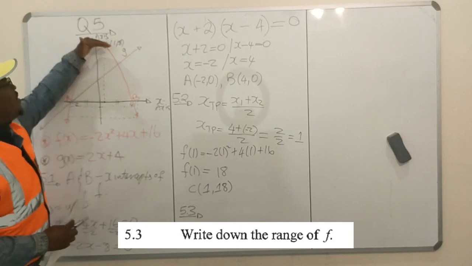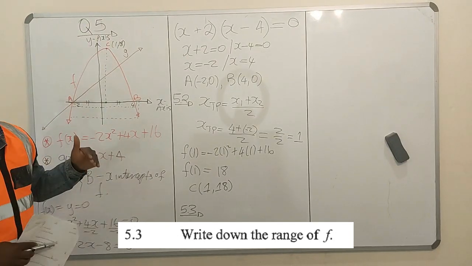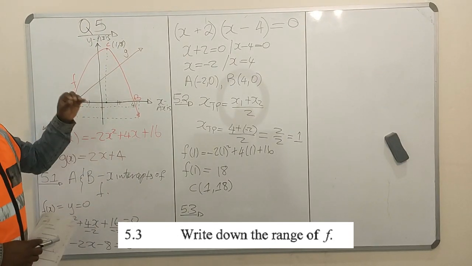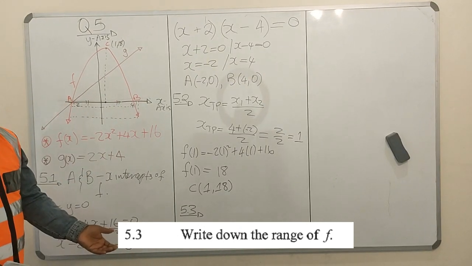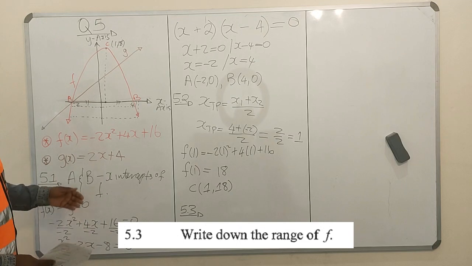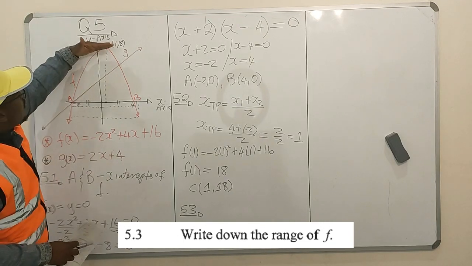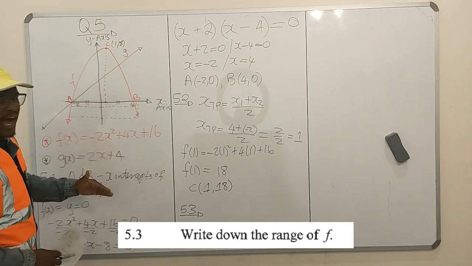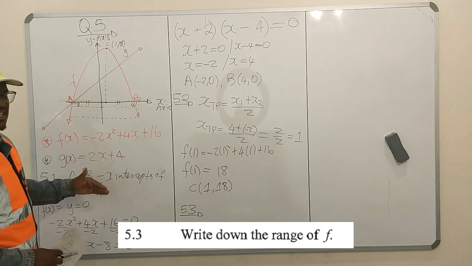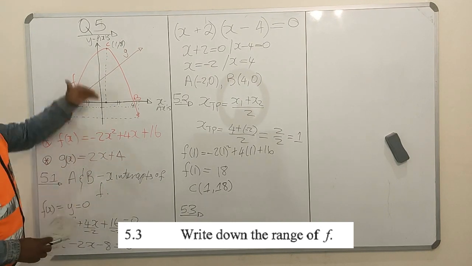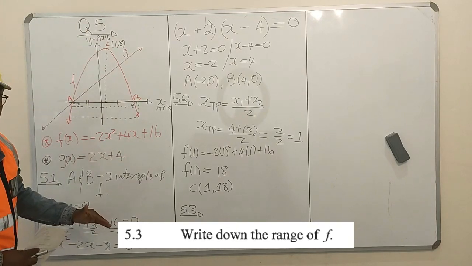Our graph is not defined above our turning point. So we want all the y values that have corresponding x values. If you look at it, you'll find that all the y values from here going down have corresponding x values.